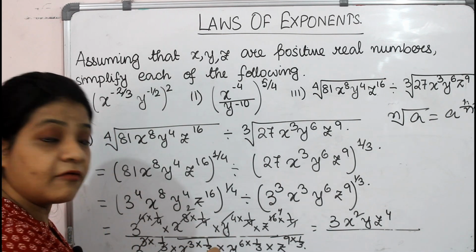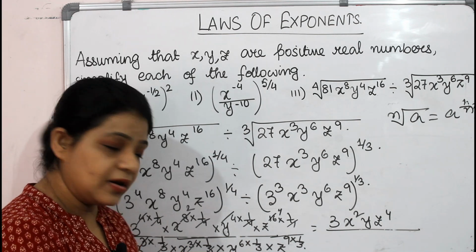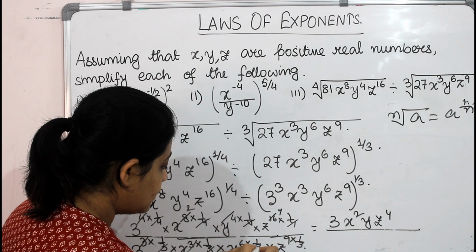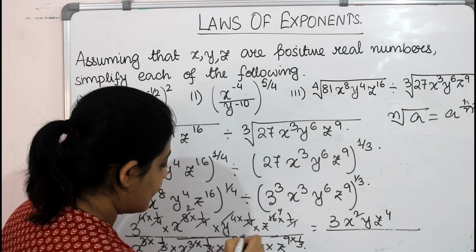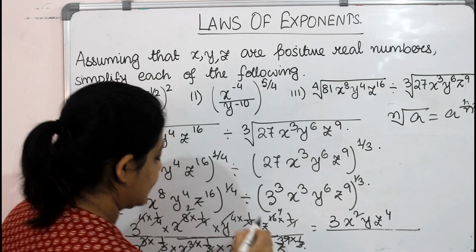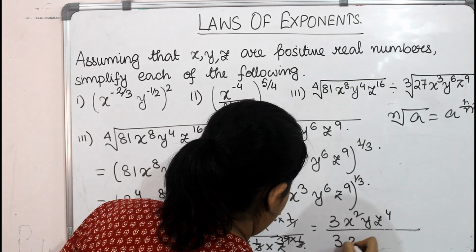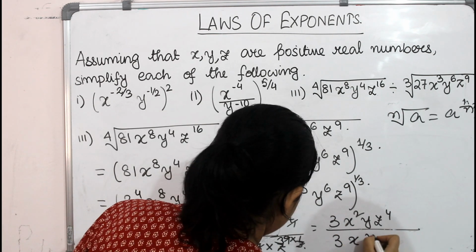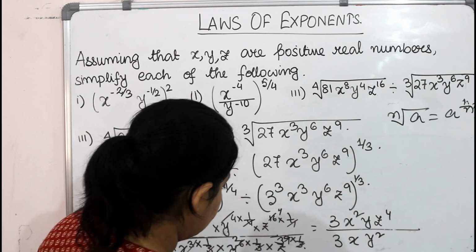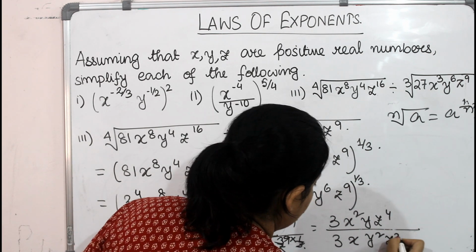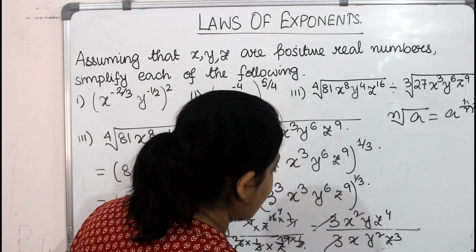X to the power of 3 into 1 by 3 will get cancelled. Y to the power of 6, this will be y square and this will be z cube. So you will get 3, this will be x, this will be y square and this will be z cube. So 3 will get cancelled.